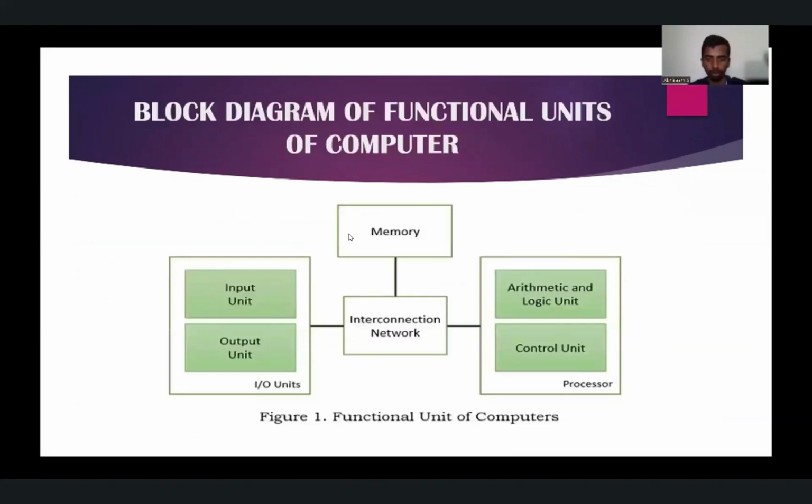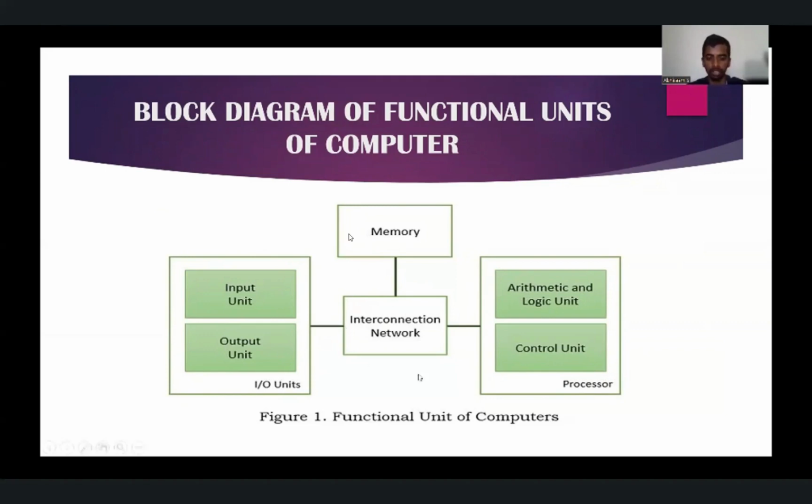This is the block diagram of functional units of computer. It consists of input unit, output unit, memory unit, arithmetic and logical unit, and control unit. Input and output units together are called I/O devices, whereas the processor consists of the arithmetic and logical unit with the control unit.